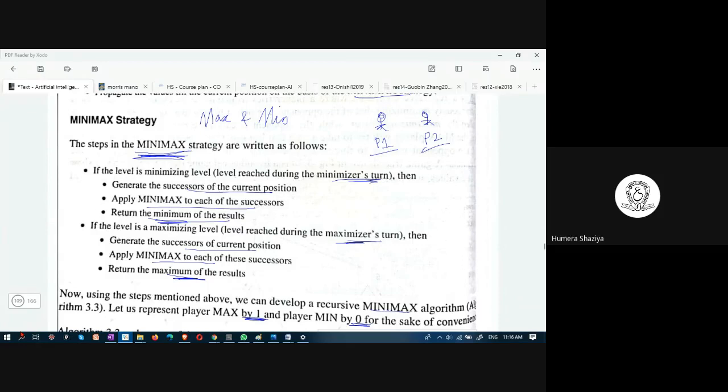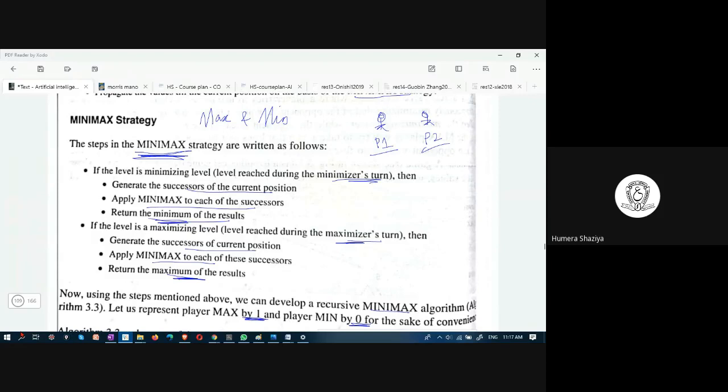When it is a minimizing level, that is the minimizer's turn. It generates successors, applies minimax to each successor and returns the minimum of the results, the least value, so that the max player would not get the highest score.